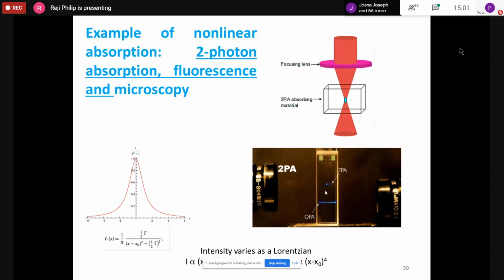You don't really want to remove the healthy cells from a patient. So something like this will give you more accuracy because it doesn't light up the entire area. This allows you to pinpoint your target better, and therefore it is possible for the doctor to give a better treatment to the patient. So these are some applications which are possible with two-photon absorption, fluorescence and microscopy.